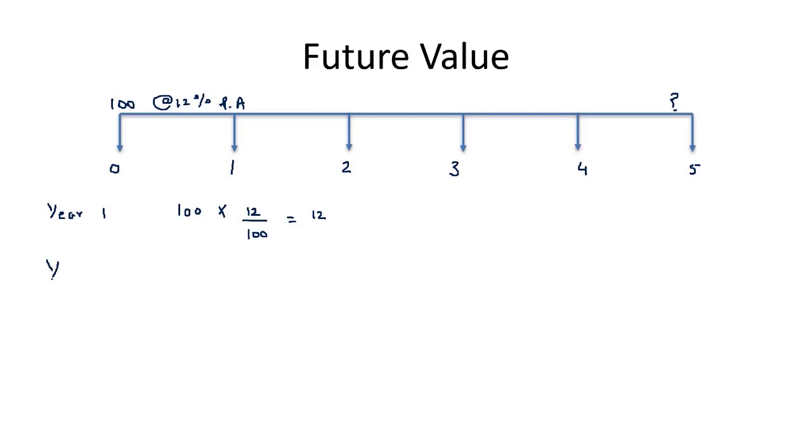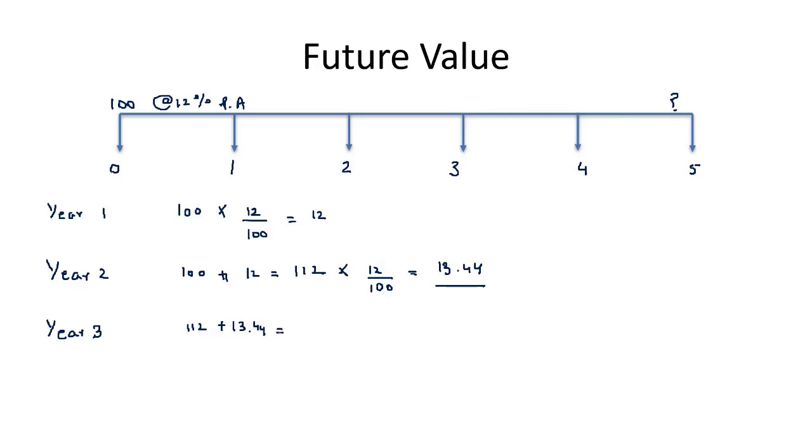So in year 2, what we are really investing is not 100 rupees, but rather 100 plus 12, that is 112, and this earns 12%. And now we see that for year 3, this value is 112 plus the 13 rupees 44 paisa that you earn here.